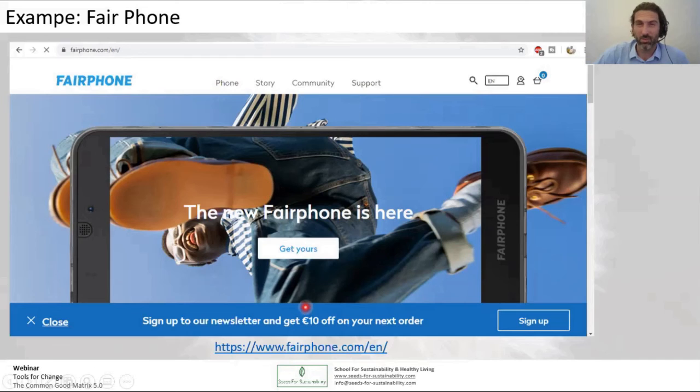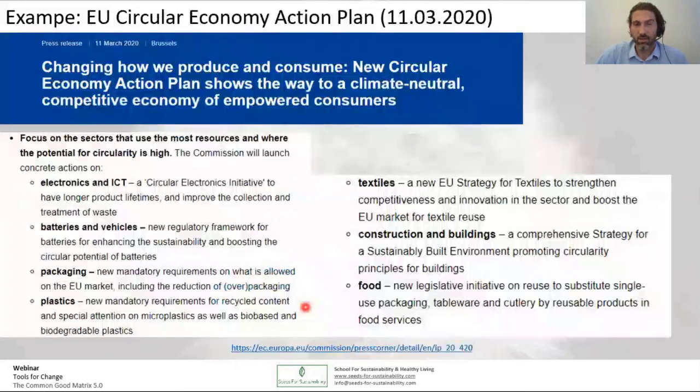If you now think about smartphones may be a bit problematic, let's check out what Fairphone is doing, just to get an idea. Yeah, just to round up the whole story, why is it important for us now to think about that? And we were talking about the eco-design life cycle assessment. 2 days ago, as I mentioned, the EU launched the Circular Economy Action Plan from the Green Deal. So it's from the oven hot, so to say, still hot from the oven.